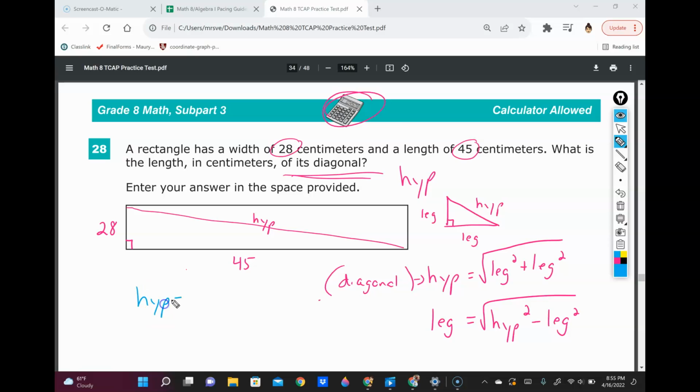So the hypotenuse equals the square root of 28 to the second power plus 45 to the second power. Make sure you get familiar with your calculator before the test. And that gives you a hypotenuse of 53. So 53 should go in the box.